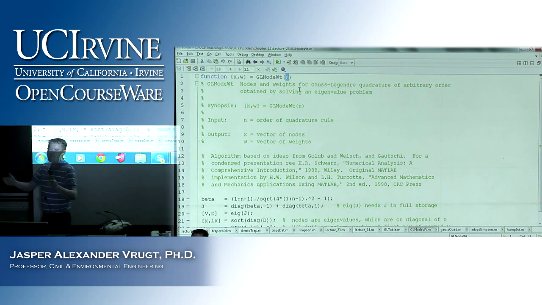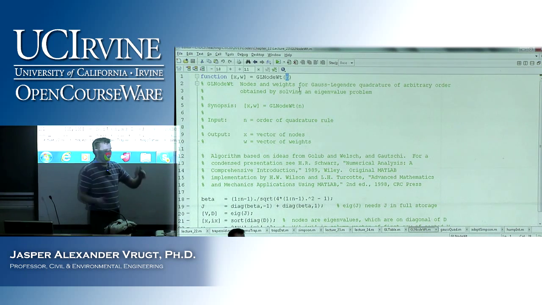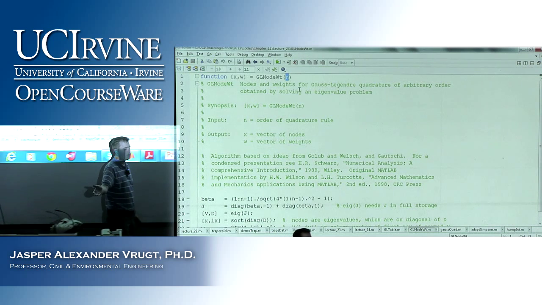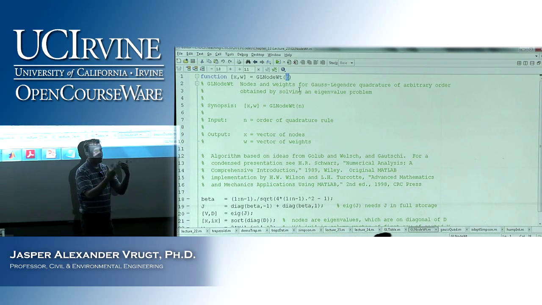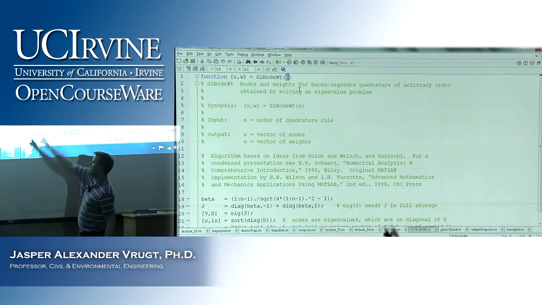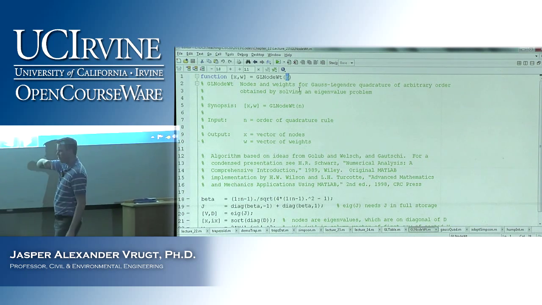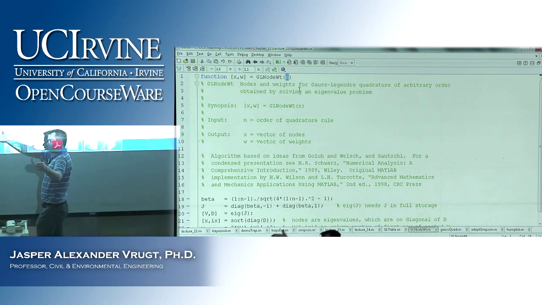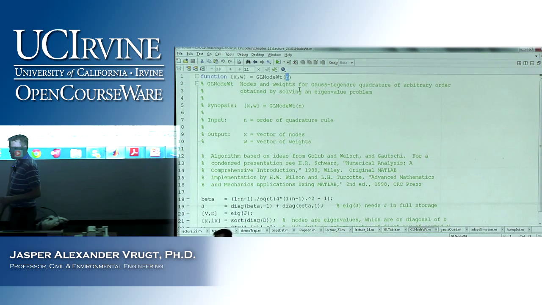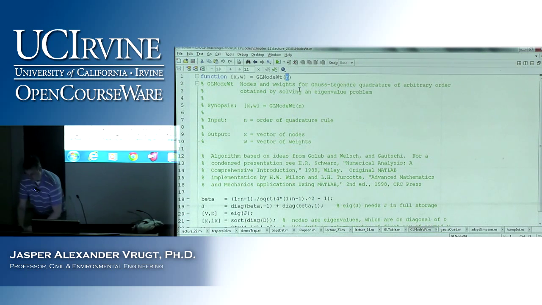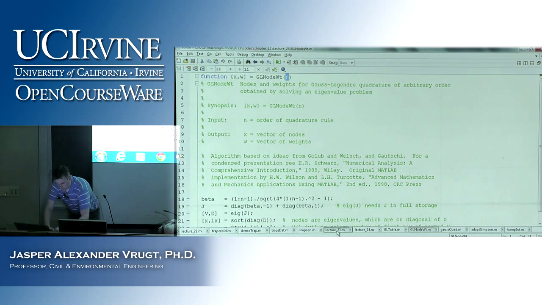Your integral might be between minus 10 and 10, or 0 and 10, or 3 and 7. So then you need to linearly transform the x values that come out of this function to the domain that you're interested in. And we looked at that before.